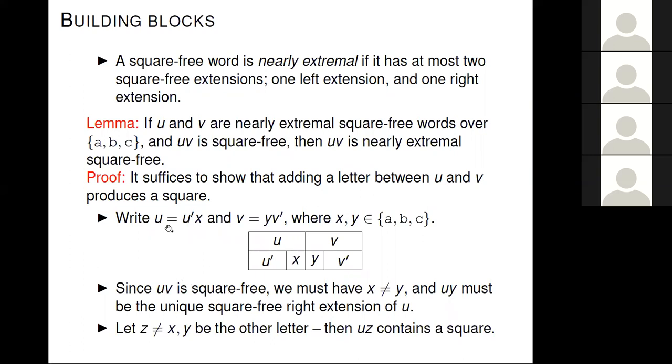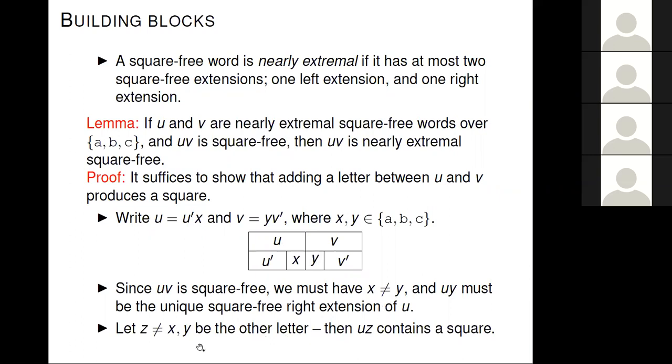And so if we write U as having X as the last letter and V as having Y as the first letter, then this is the picture that we get. And since UV is square-free, these two letters X and Y have to be different. So right away, if we try to add an X or a Y in the middle, you get a square of length 2. And since U had only one square-free right extension, it must be UY, because UV is square-free.